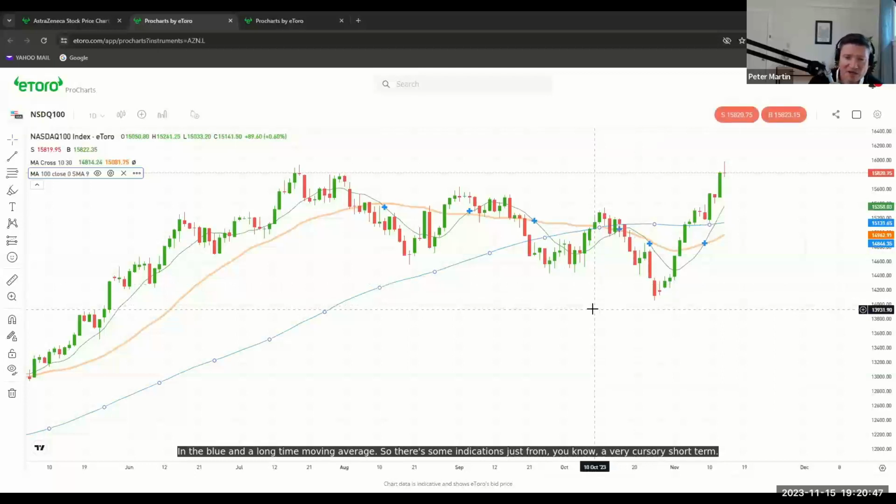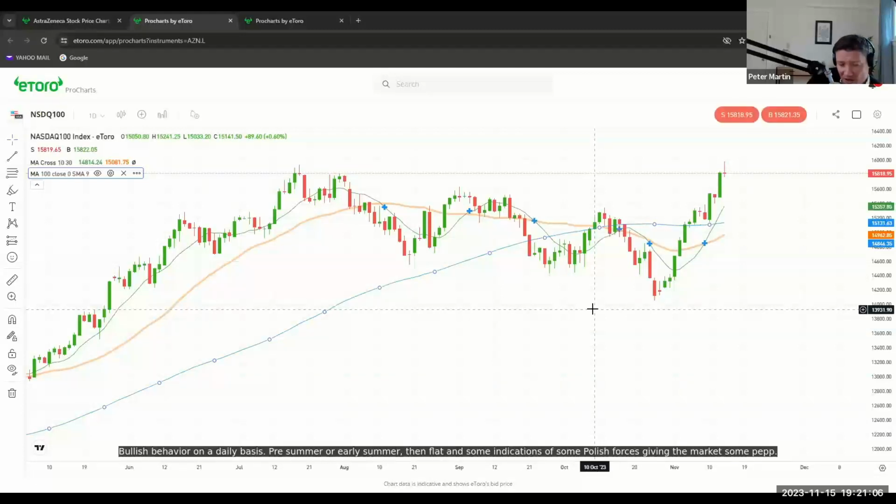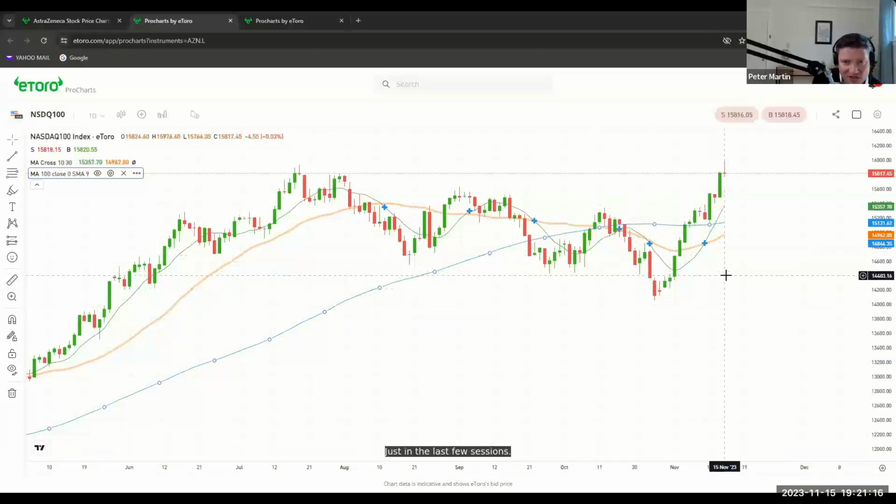So there are some indications from a very cursory short-term study of the NASDAQ, always with the caveat that these are lagging indicators, that we've been seeing bullish behavior on a daily basis pre-summer or early summer, then flat, and some indications of bullish forces giving the market some pep just in the last few sessions.